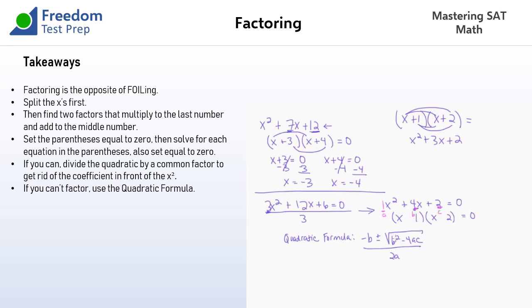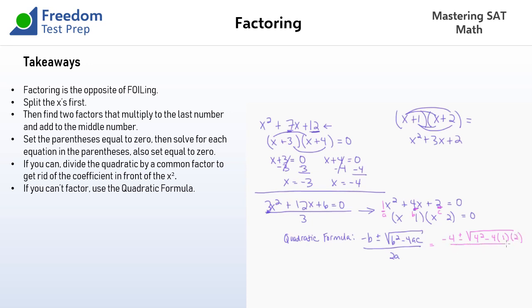is c. So what we do is we just plug in all of those numbers right into here. And I'll just do it in this new color. So we get a negative 4 plus or minus the square root of 4 squared minus 4. A is 1 and C is 2.